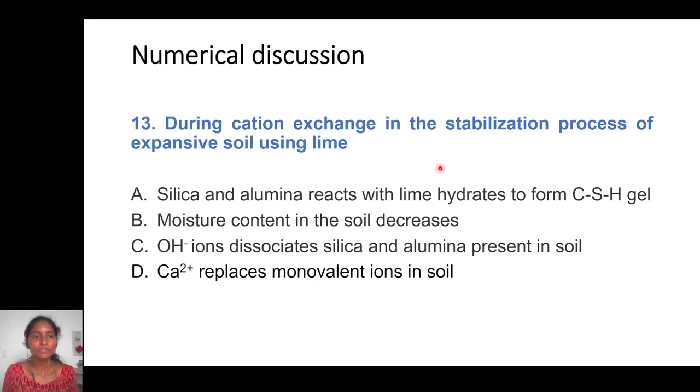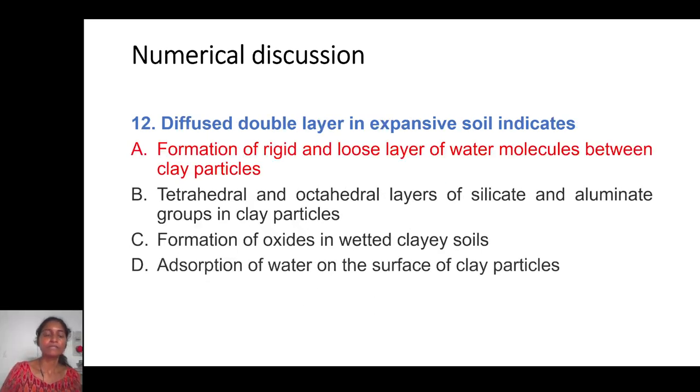And this question: during the cation exchange in the stabilization process of expansive soil using lime. So when I use lime, it is nothing but CaO, calcium oxide. So when I add the calcium oxide, it was option A. Okay.